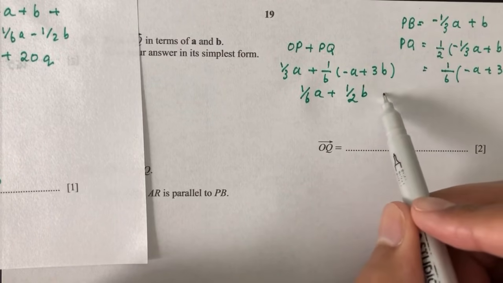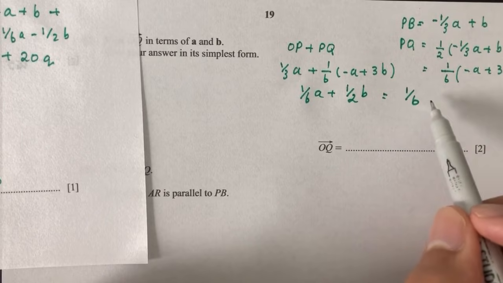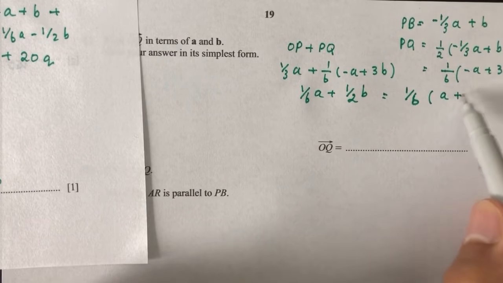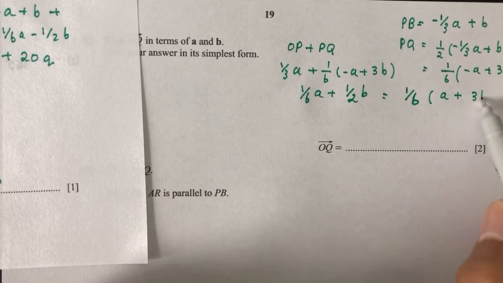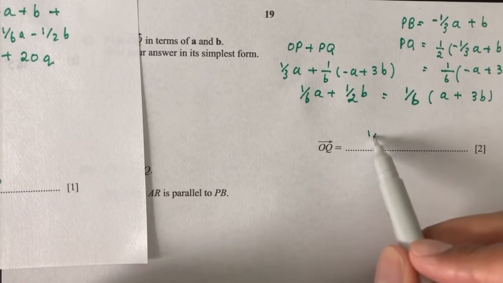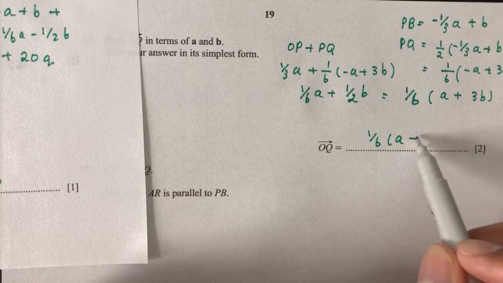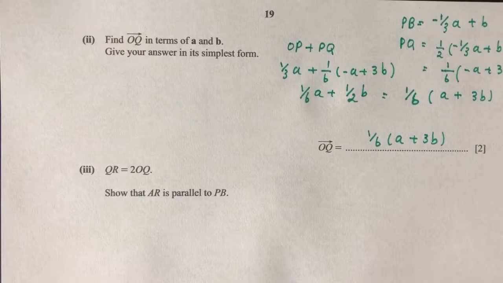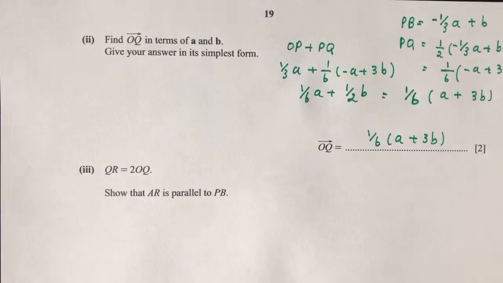So let's simplify that again. If I take 1/6 out again, we will have a plus 3b. So OQ is 1/6 of (a plus 3b). That is your answer for part 2.